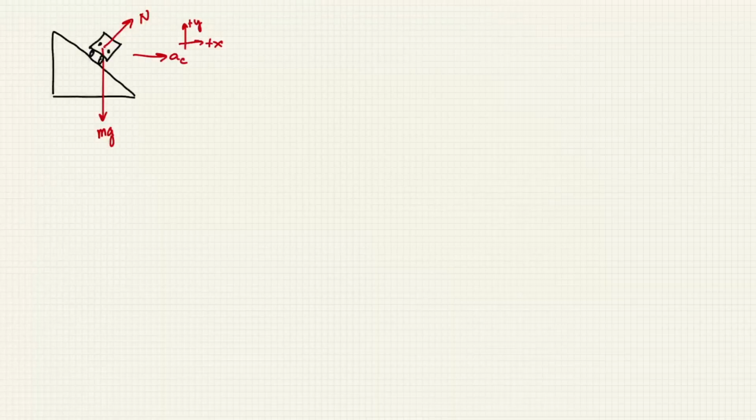We want to keep this so that when we write our Newton's second law equation in the x and y directions, I didn't do it that way before, I want to make sure that I can write max equals and may equals and have one of these turn into 0.